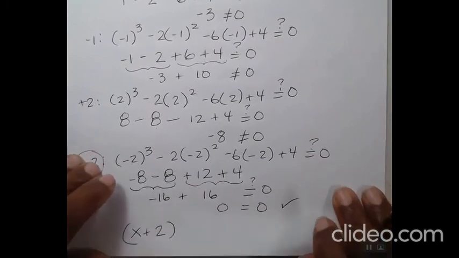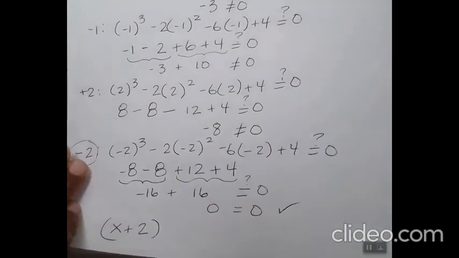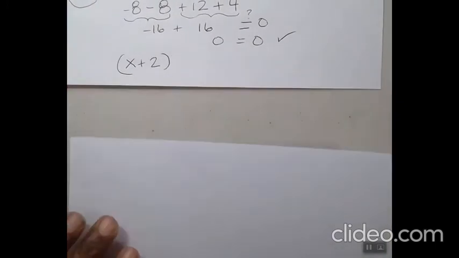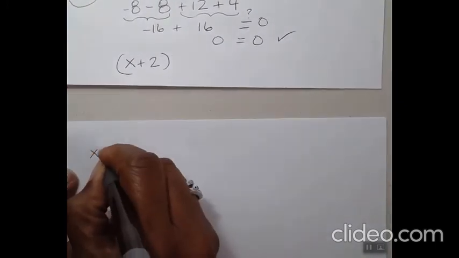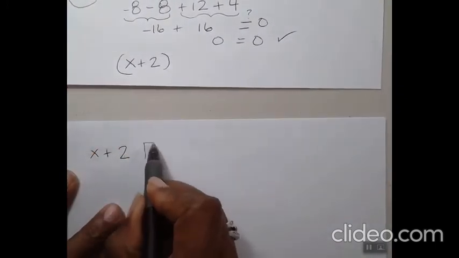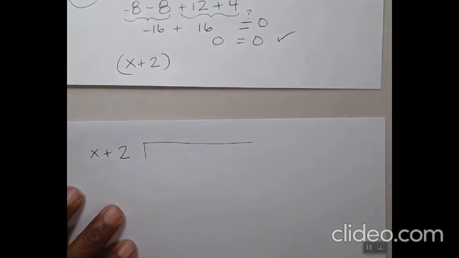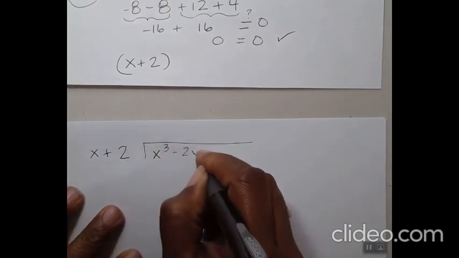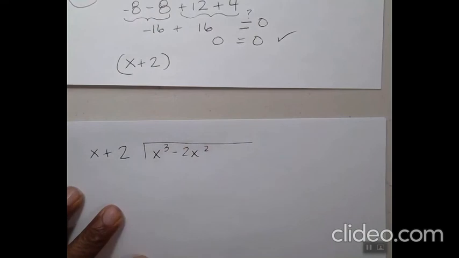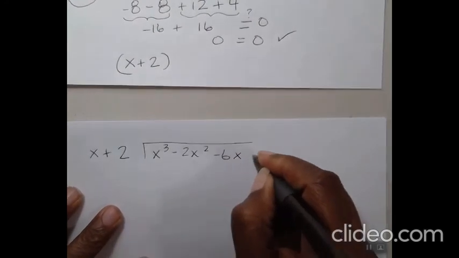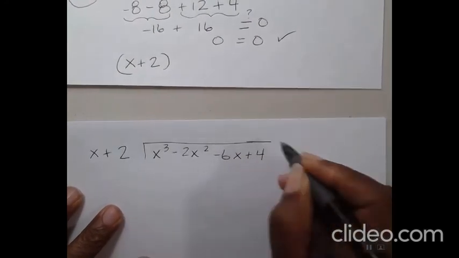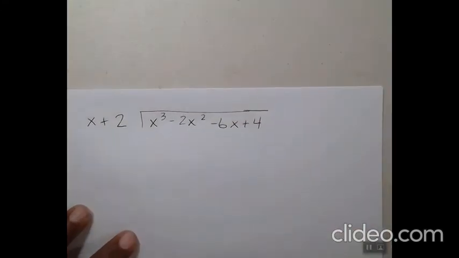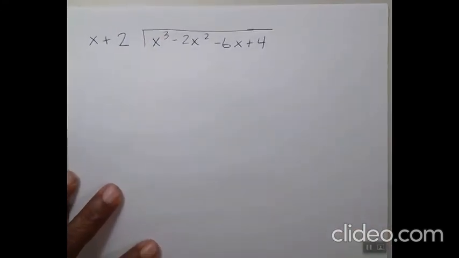So now we'll go back to long division using x plus 2 and dividing that into our polynomial, which is x cubed minus 2x squared minus 6x plus 4. That's the polynomial that we're dividing into.